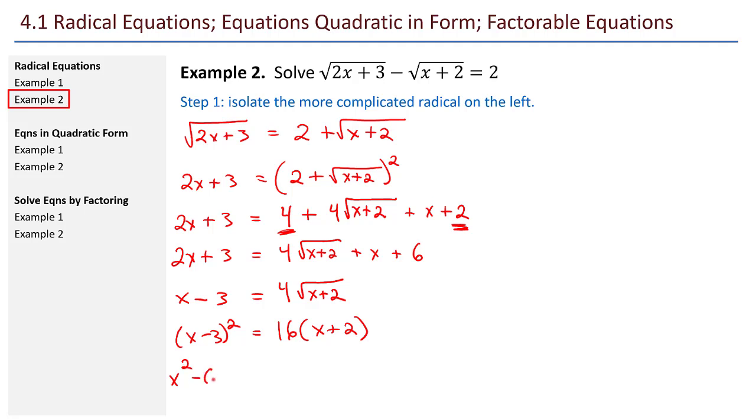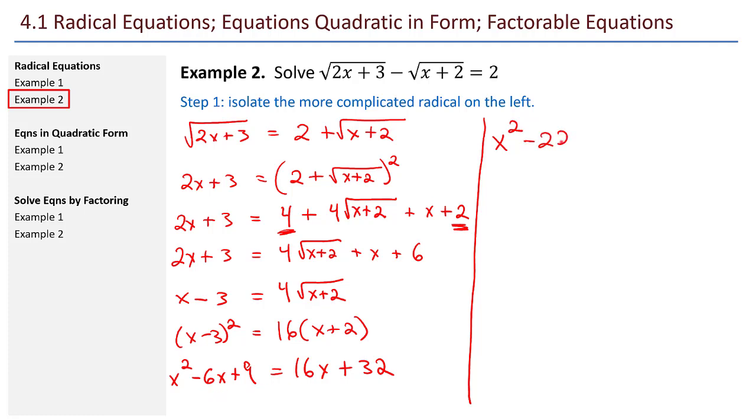X squared minus 6x plus 9 equals 16x plus 32. Let's move things over to the left. So x squared, so minus 6 minus 16, minus 22x, and then 9 minus 32 is minus 23, and that equals 0.